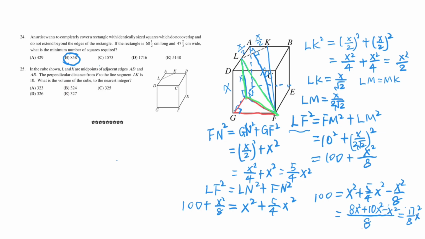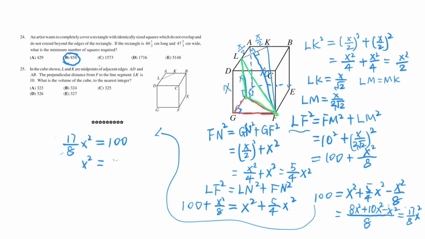So 17 over 8 x square equals 100. So x square is 800 over 17.